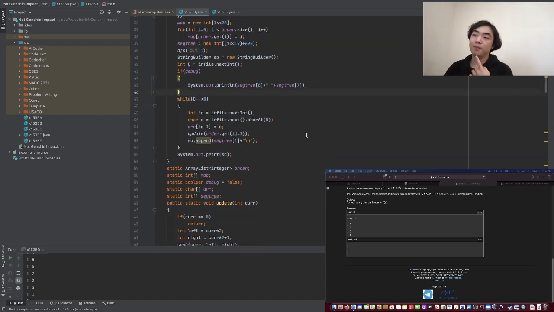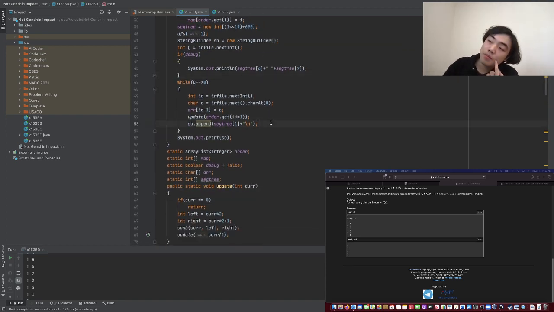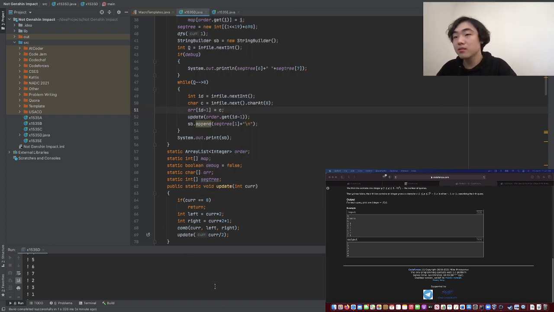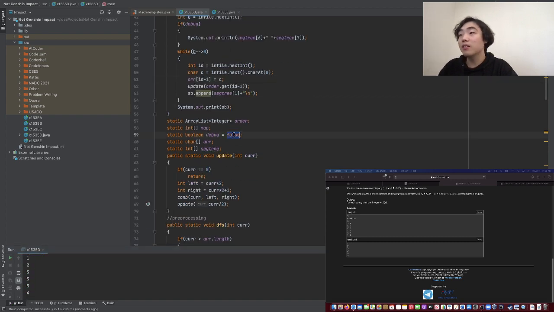Wait a minute. Oh, I -1. 1 2 3. Okay, that looks correct.